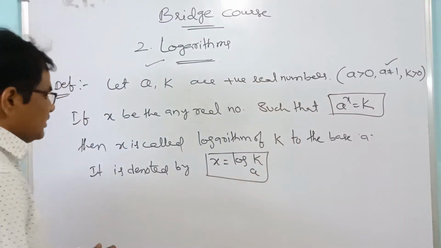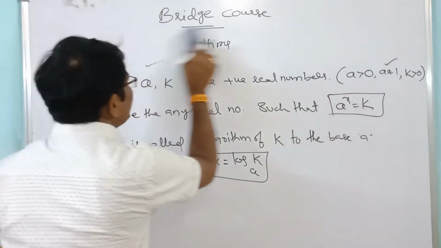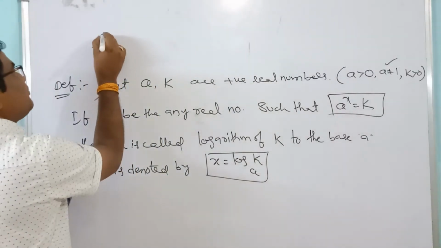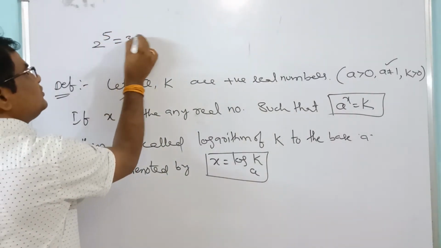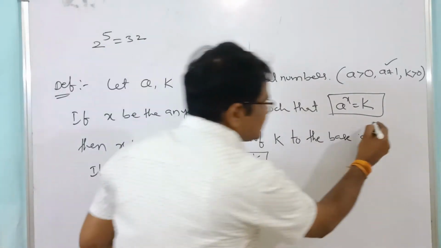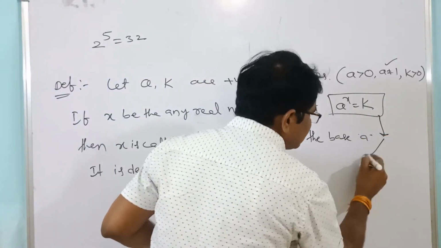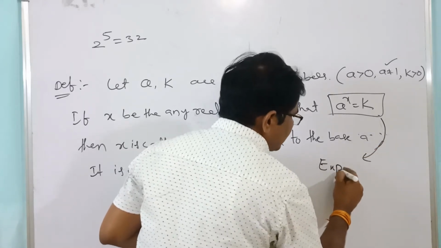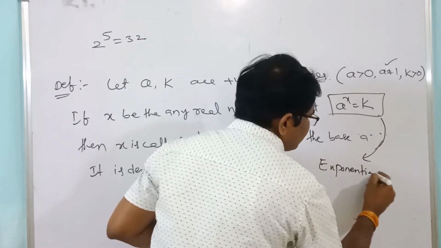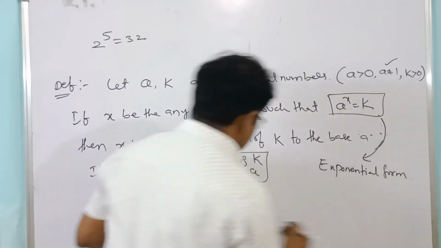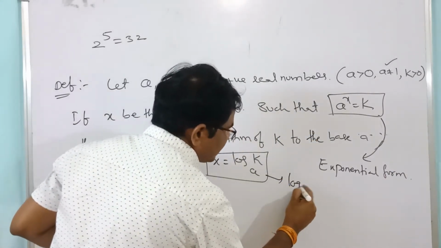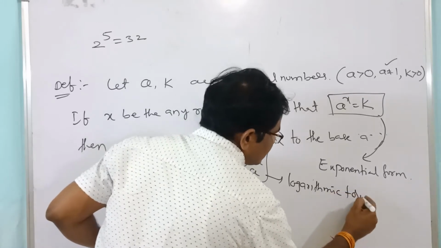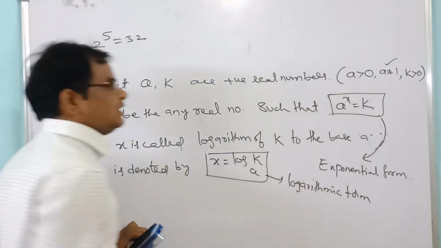For example, if you take one example, 2 to the power of 5 equal to 32. This is called exponential form, and this is logarithmic form.